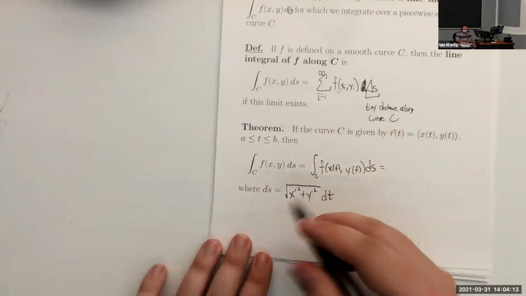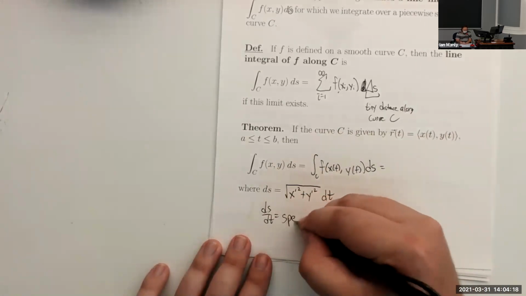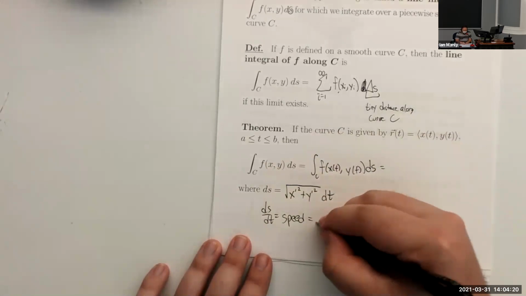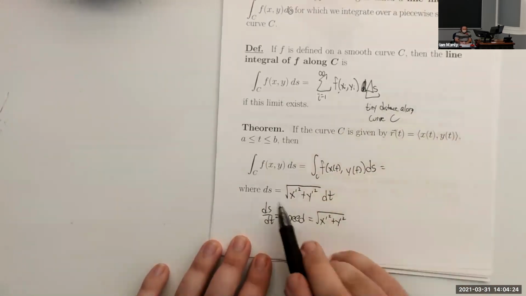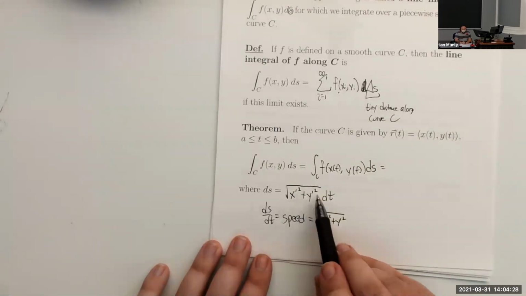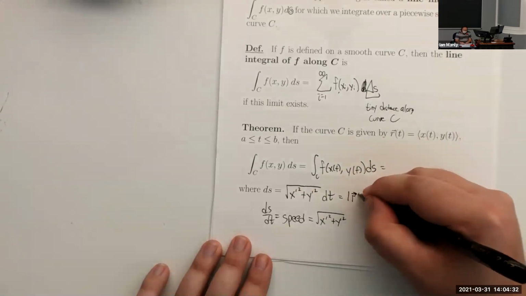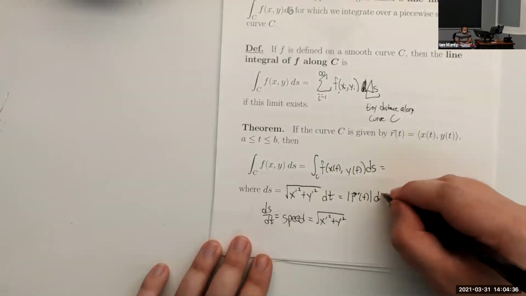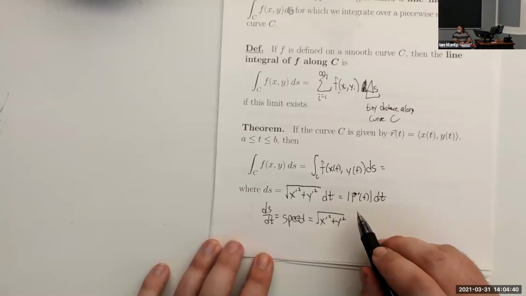Because if we were to look at this another way, we have ds/dt, which you may remember was called the speed, that had this definition where we have x prime squared plus y prime squared. So that means that ds as a differential is going to be the square root of x prime squared plus y prime squared. Another way of writing this is it's the magnitude of our velocity right here. So this is another way of imagining this.